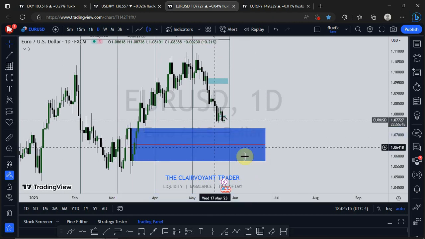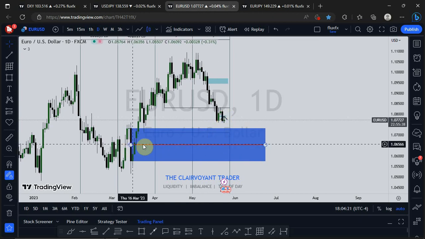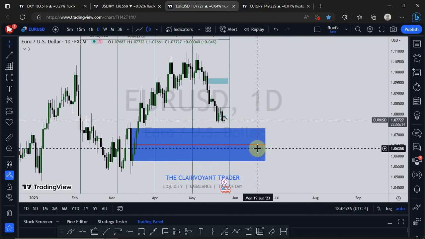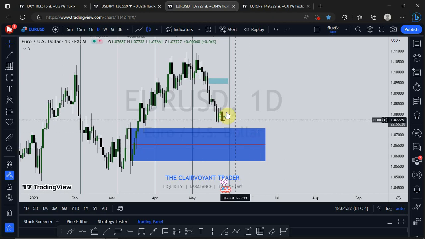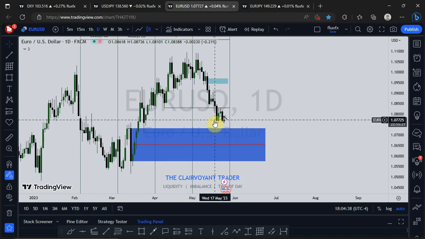I'm expecting price to finally move to the downside to fill at least 50% of this very zone we are seeing here before we see either a reversal or a continuation to the downside. So currently this is going to be my final destination for EURUSD. That is just that for EURUSD.